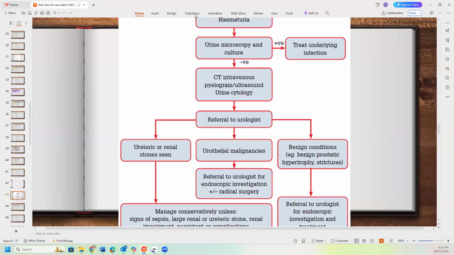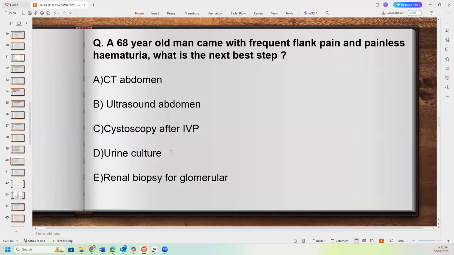Can anyone tell me why we are doing this as a next step instead of CT IVP? As our answer is urine culture. Why am I choosing this, even if it's a next best option? Very good, because the most common cause of frequent flank pain with painless hematuria is UTI, even in the elderly population.